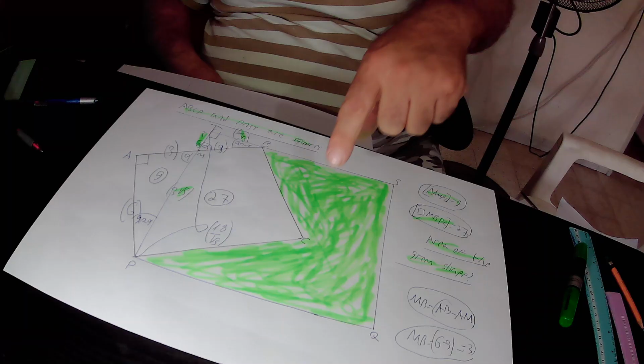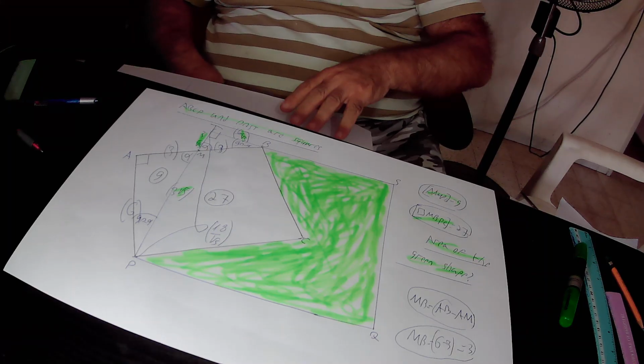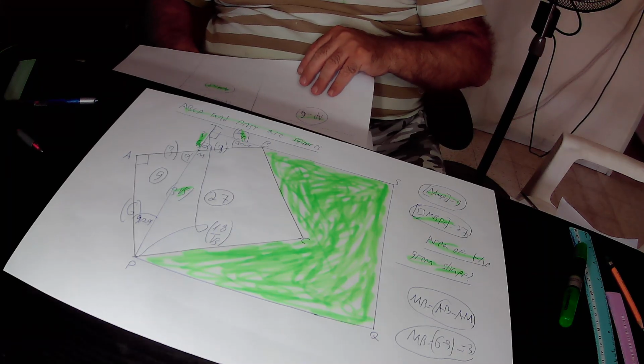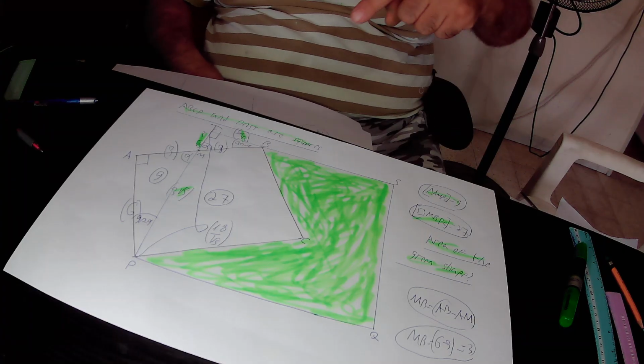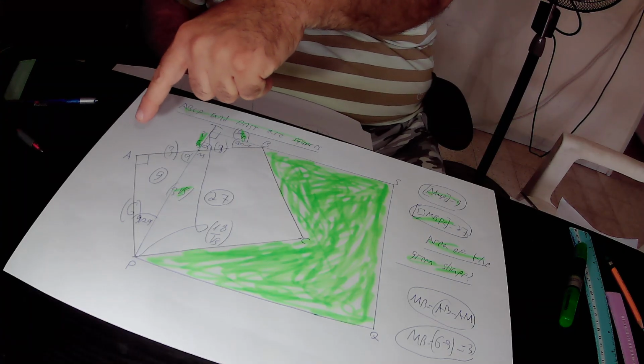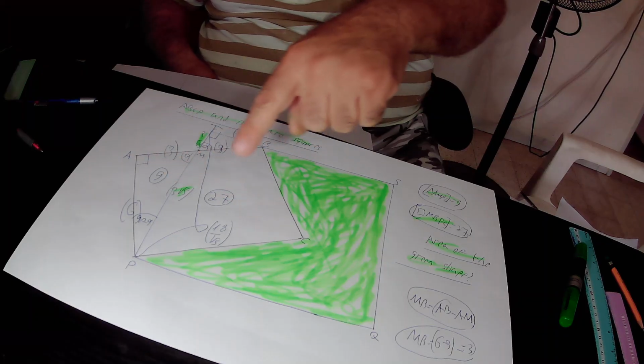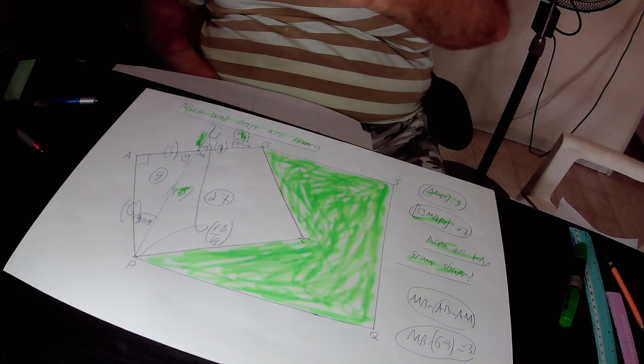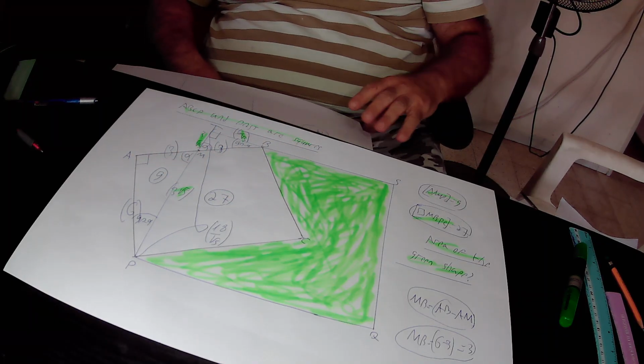Again, our task is to find out the area of this ring shape. First of all, we know that the area of the small square ABCP equals 27 plus 9, that is 36 square units in size.